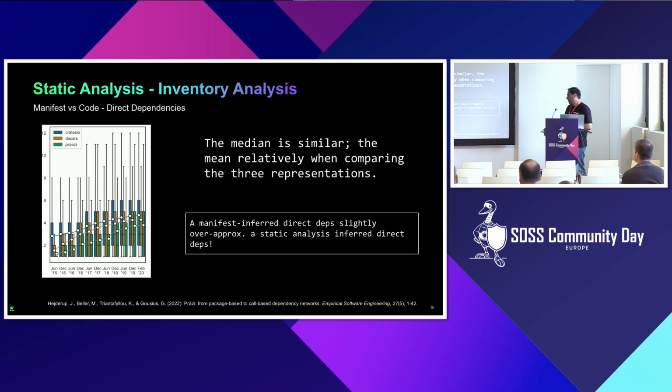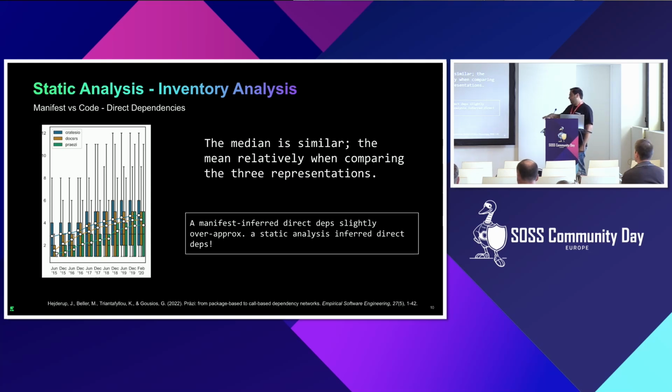So I studied the crates.io package repository, and I looked at three different representations, but the two interesting ones I'm focusing on here are the Presley approach, which is the code-based one, and the Trace.io one, which is the manifest-based one. I wanted to count how many direct dependencies we are using, right? One is the declared, and another one is based on usage, using the call graph data.